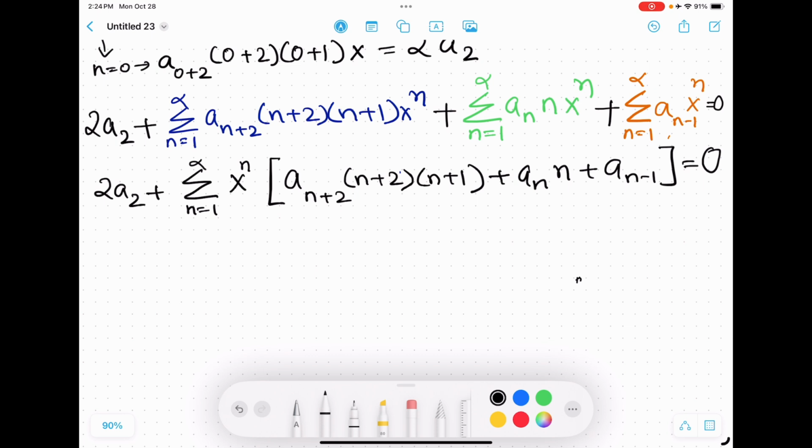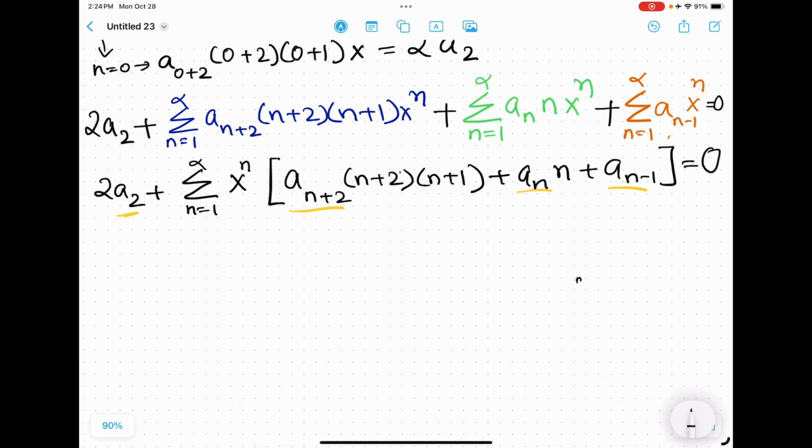We have done our fourth step. Now is the time to determine our coefficients. Like I said, the first thing we do is compare what we have on our left with what we have on our right.